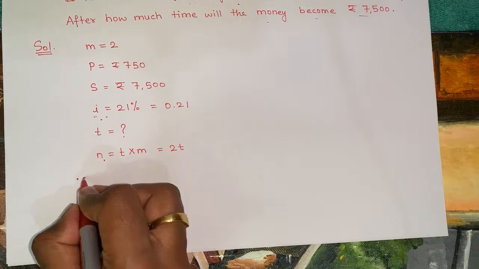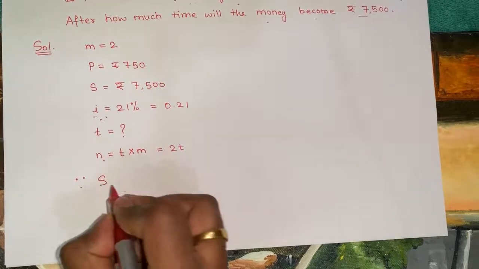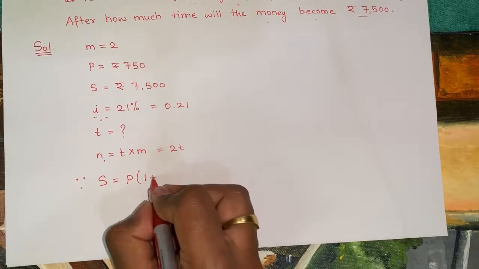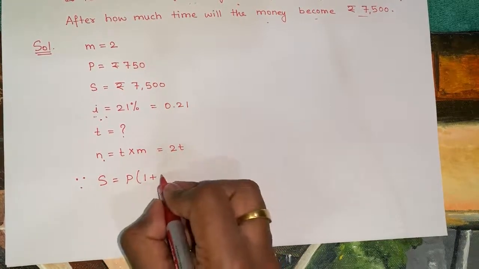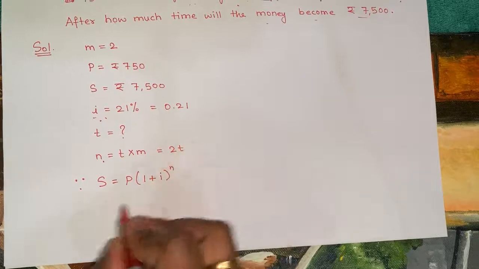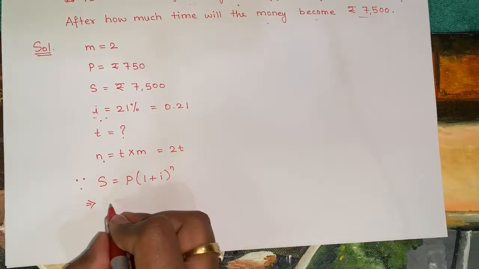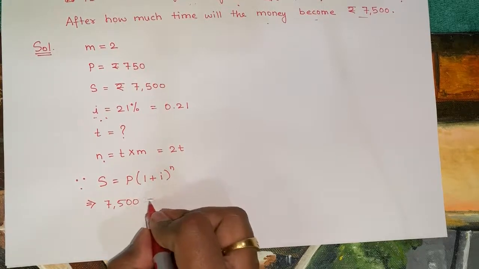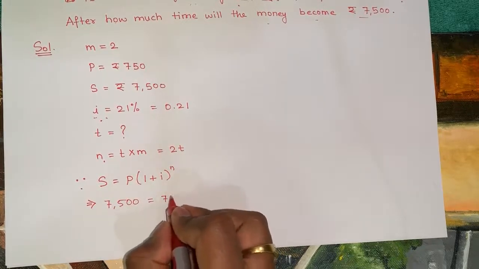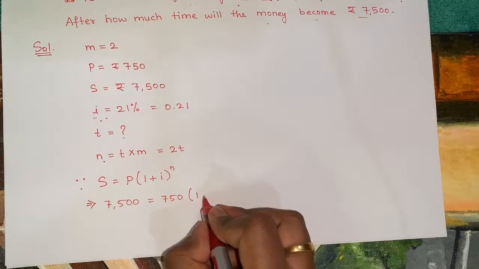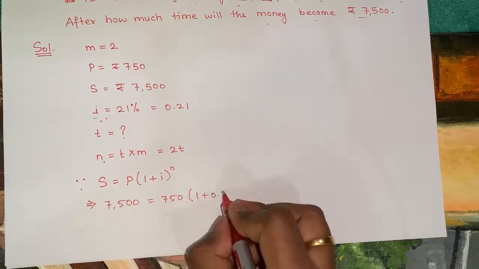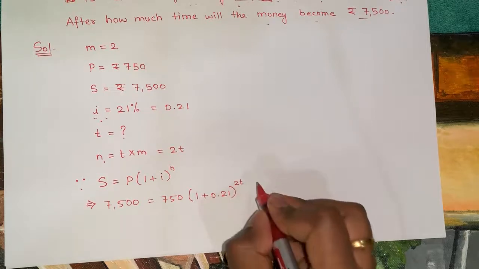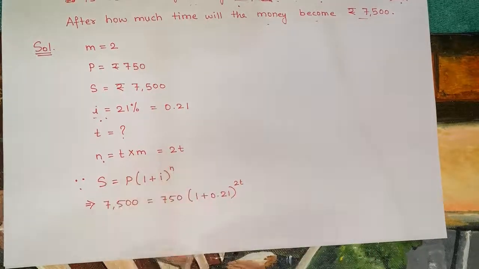Now we all know that amount is equal to P into 1 plus I to the power N, so let's put the values. Amount is 7,500, which is equal to principal, that is 750, into 1 plus I, that is 0.21, to the power N. N is not known, it is 2T.